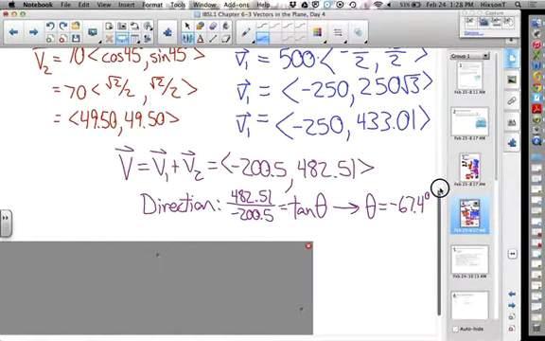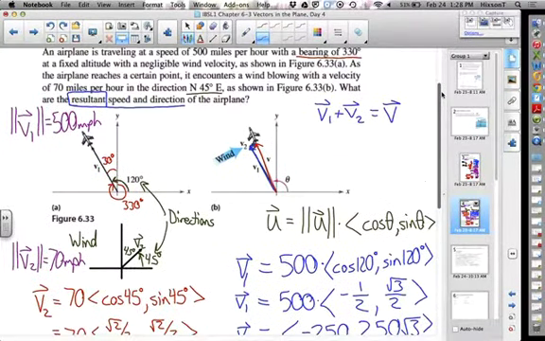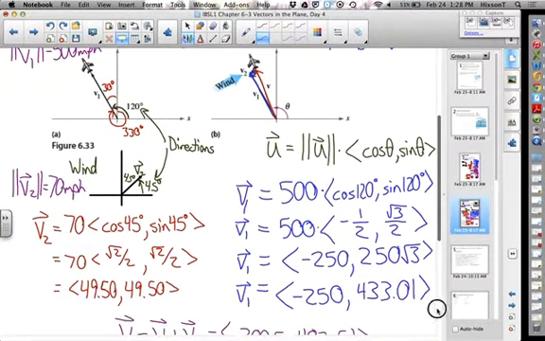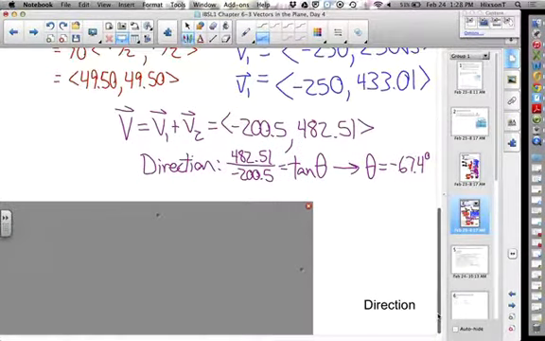Second quadrant. And tangent is negative, so we know it would either give us a second or fourth quadrant. Because we were going in a northwesterly direction, that's second quadrant.